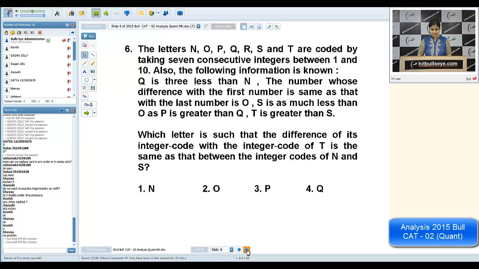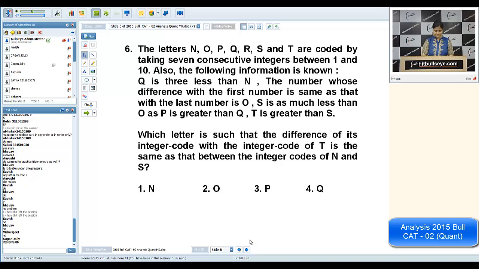Okay, question number 6. Question number 6, any problem? Again, I think there is no query.